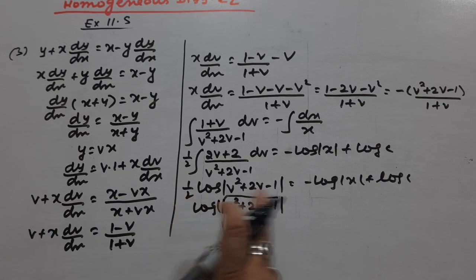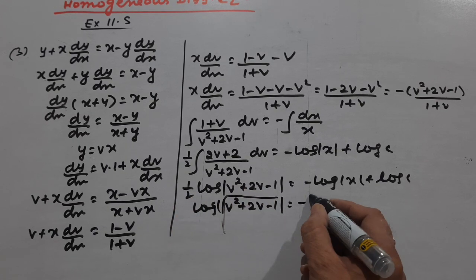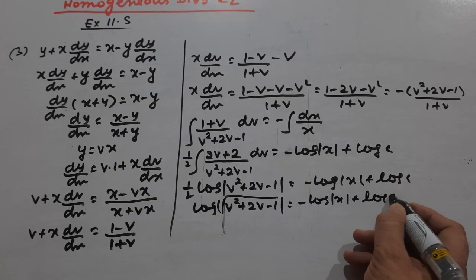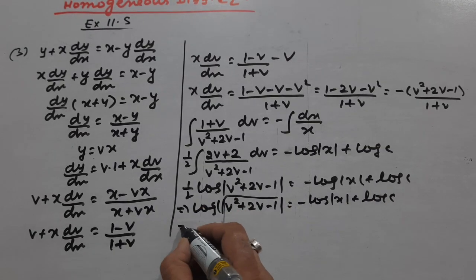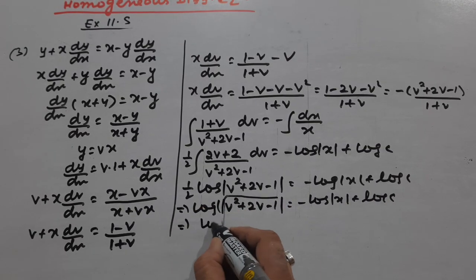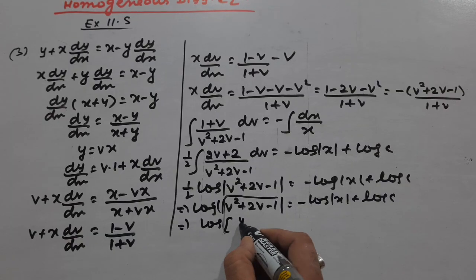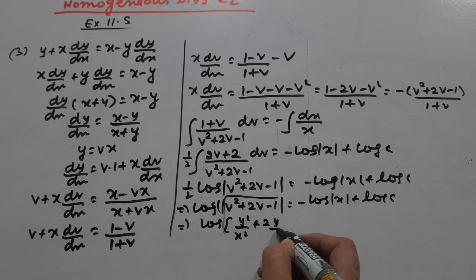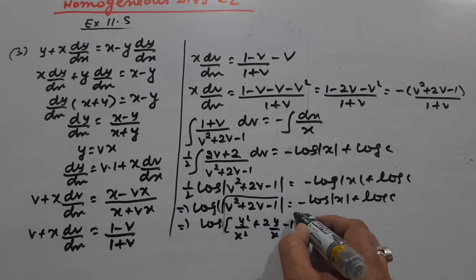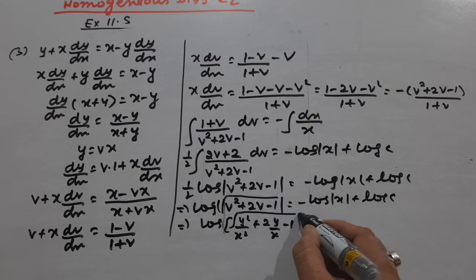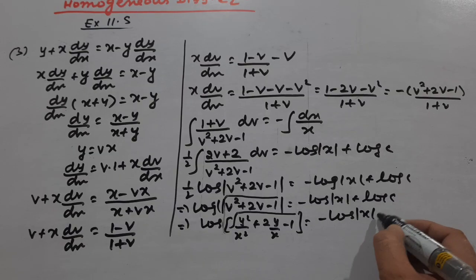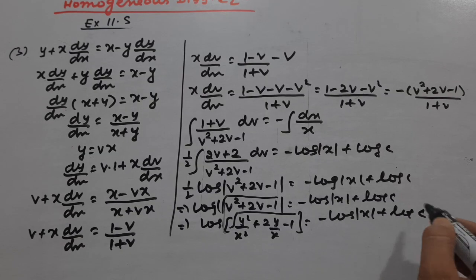So this 1/2 becomes root, and −log x + log c, right? Then putting the value of v. Now v is y/x, so (y²/x² + 2y/x − 1) under the root equals −log x + log c.